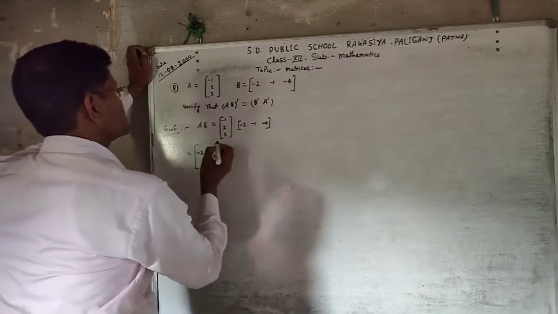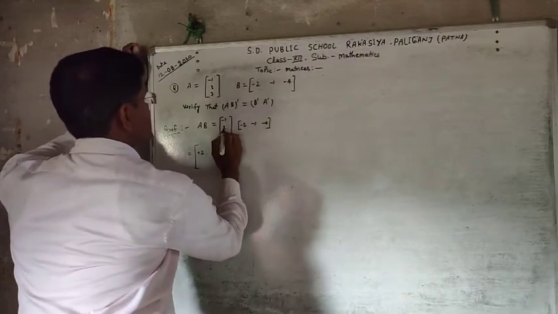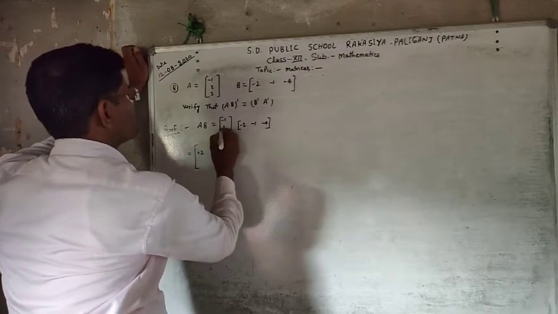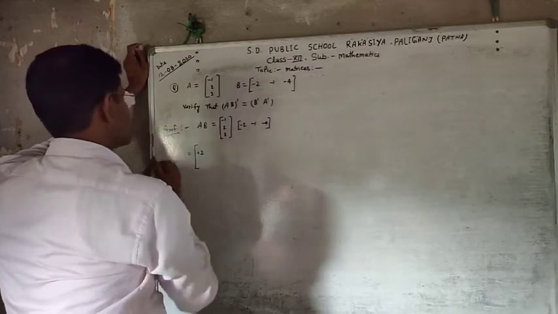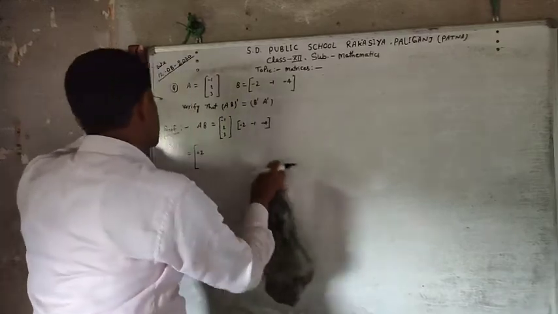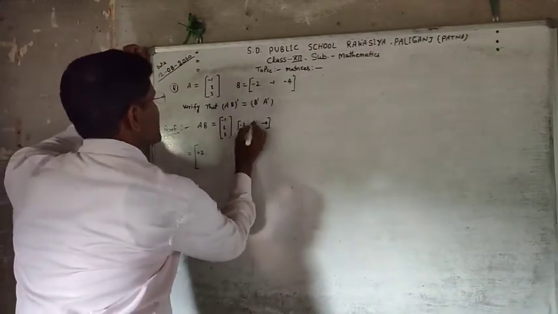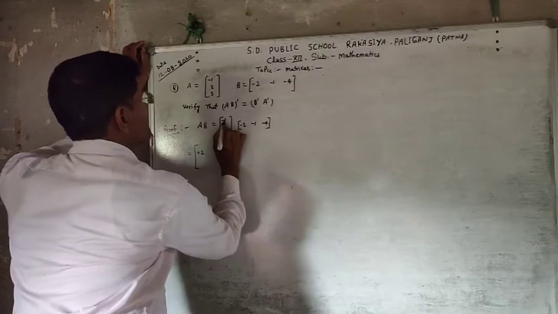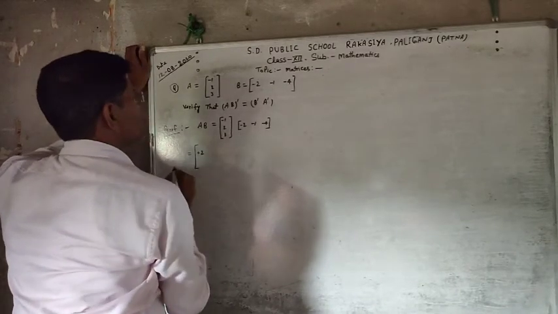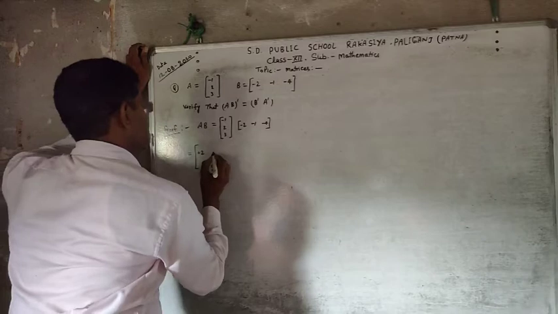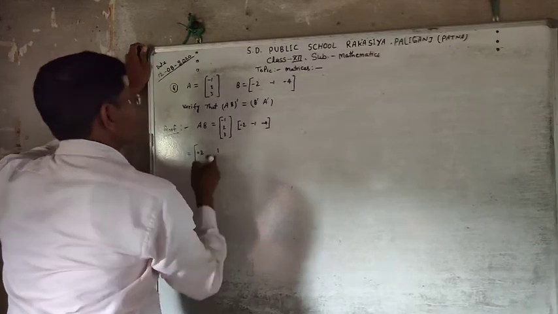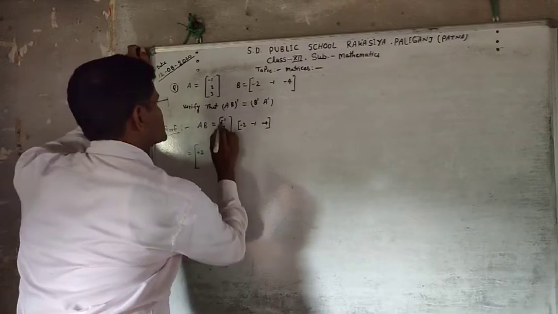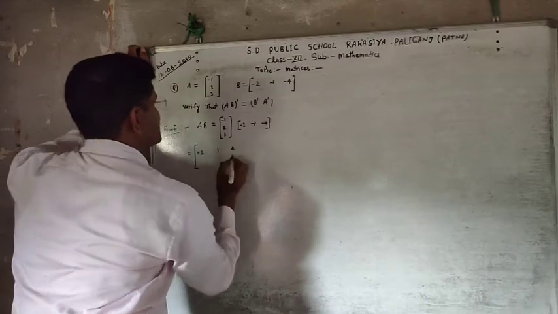Now we multiply the first row by the second column: minus 1 into minus 1 is equal to 1. And the first row with the third column: minus 1 into minus 4 is equal to 4.